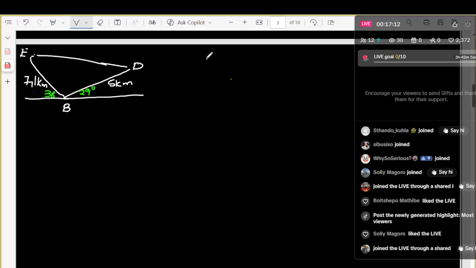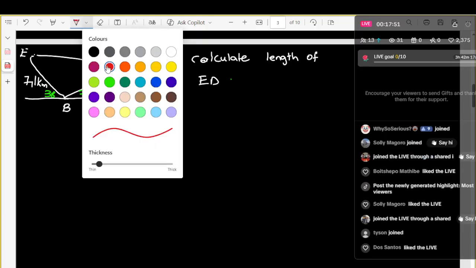Okay, let's calculate the length of ED. In order for us to calculate the length of ED, look at where it is. We need to choose what we are going to use to calculate that ED.